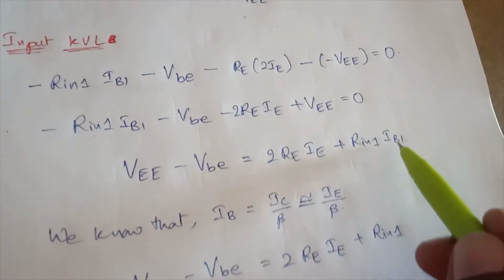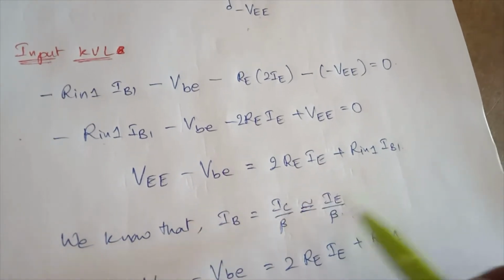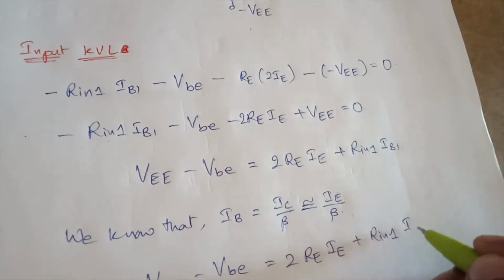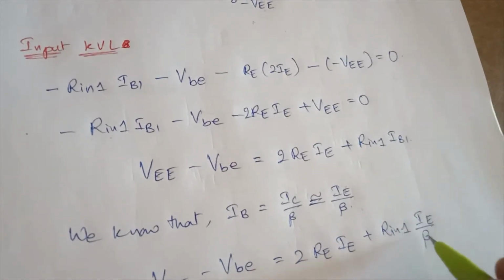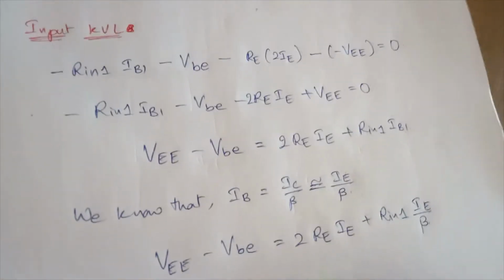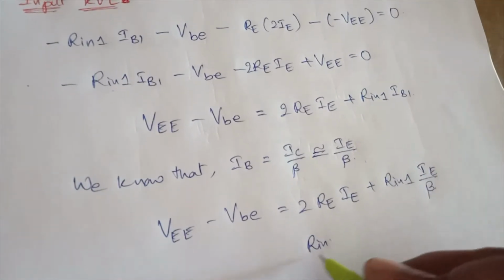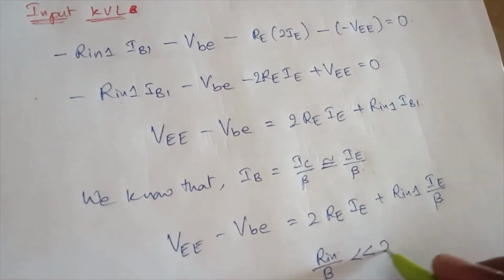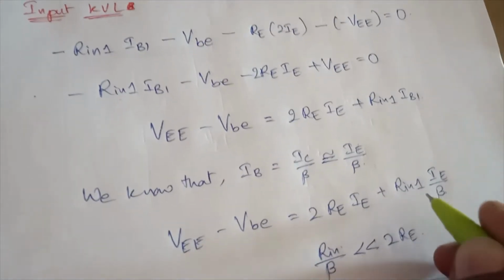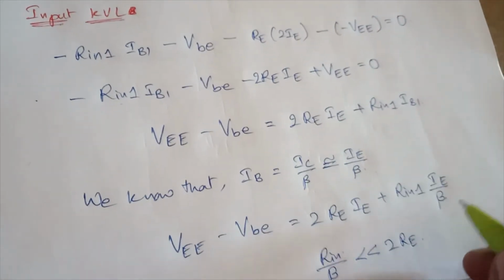Instead of IB1 we substitute IE by beta, so we are getting Rin by beta. This Rin by beta value is very small as compared to RE. Therefore this term is neglected.